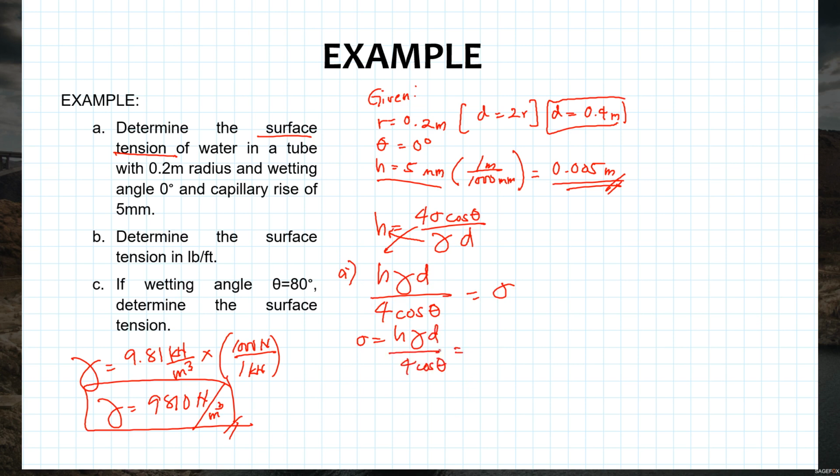Then substitute h, which is 0.005 meters, gamma, the unit weight of the water, 9810 newtons per cubic meter, multiplied by d, 0.4 meters, to be divided by 4 cosine of theta, which is 0 degrees.